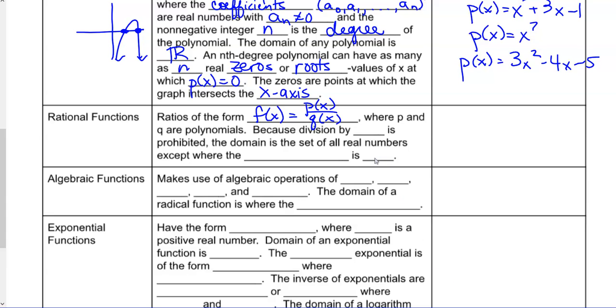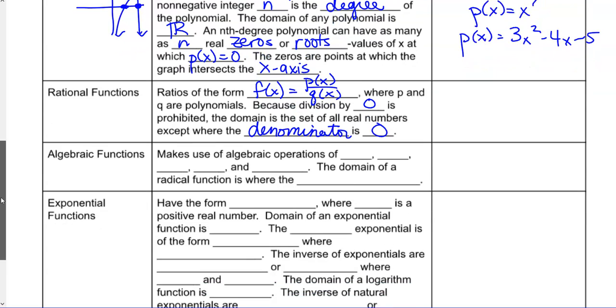Because division by 0 is prohibited, the domain is the set of all real numbers except where the denominator is 0. And we saw that in the last section as well. So we look at whatever makes the bottom 0 and exclude that from our domain.